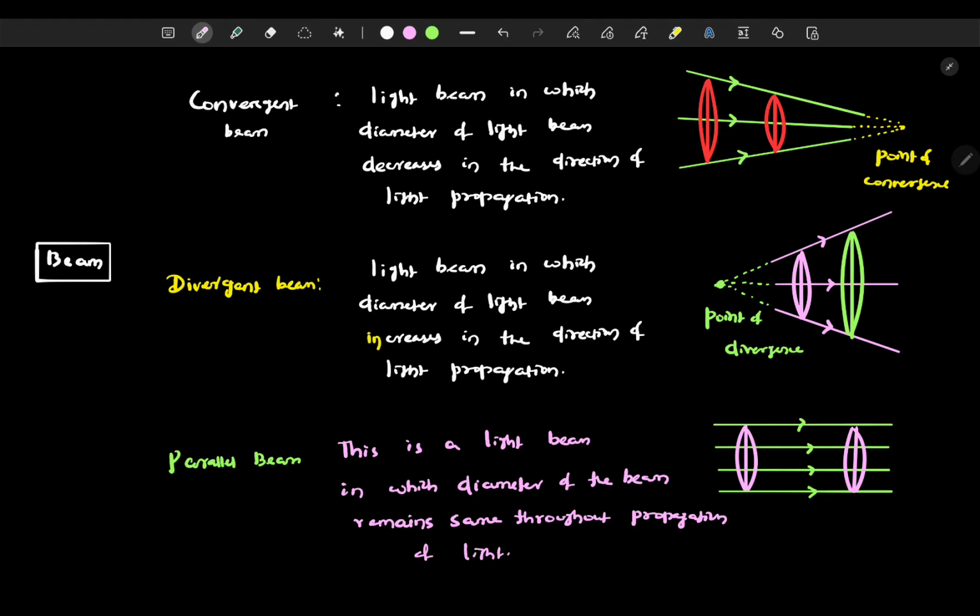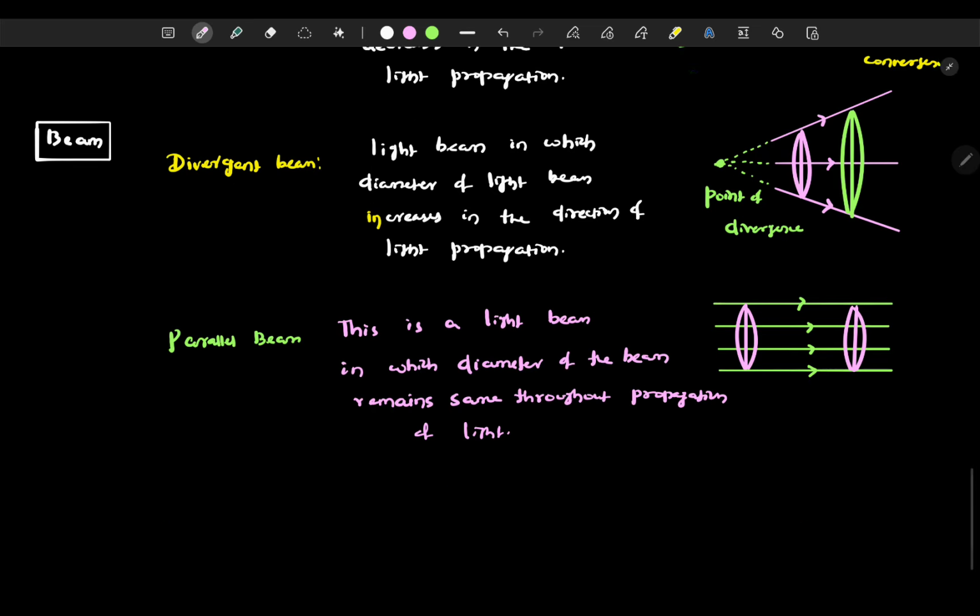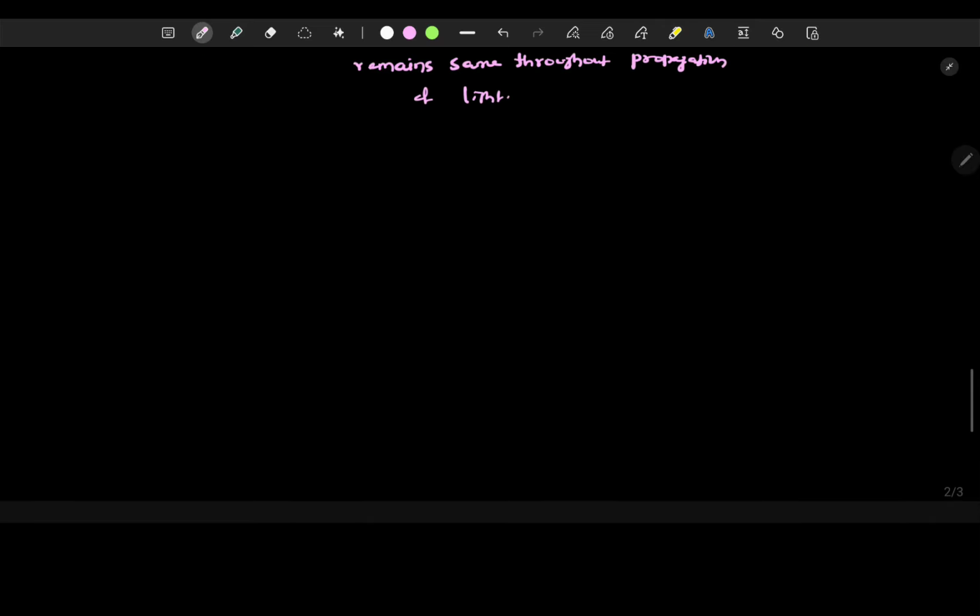Yes. Okay. Now listen, one important thing regarding your convergent beam, divergent beam, point of convergence and point of divergence. One concept related to this is there. Now see, suppose let us think a cup is present here. A cup, an opaque substance.